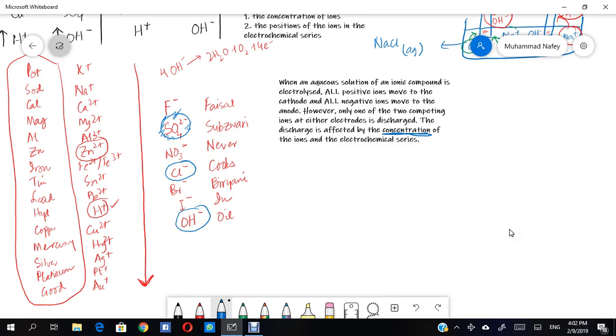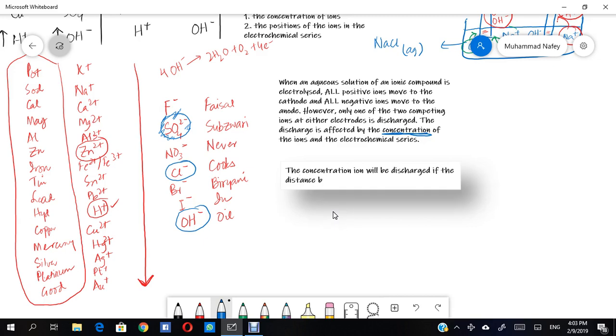Now, what's the criteria for deciding discharge? This is a very golden rule, and you should remember this rule always. So the rule is: the concentrated ion will be discharged. But that's not all. There are conditions. The concentrated ion will be discharged if the distance between the competing ions in the electrochemical series is 3 or less than 3.